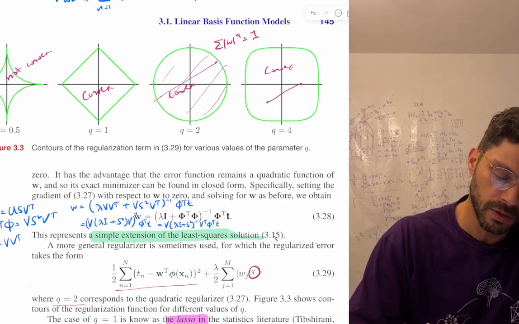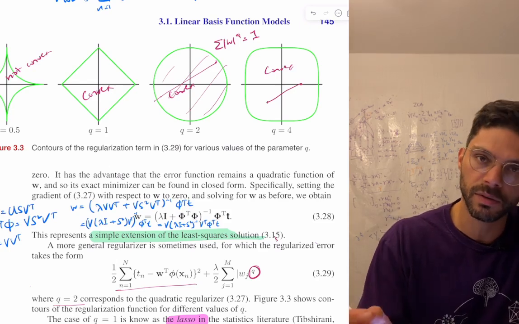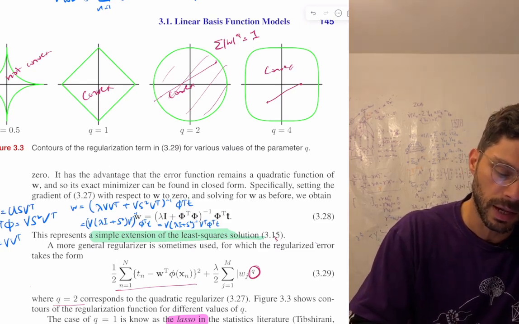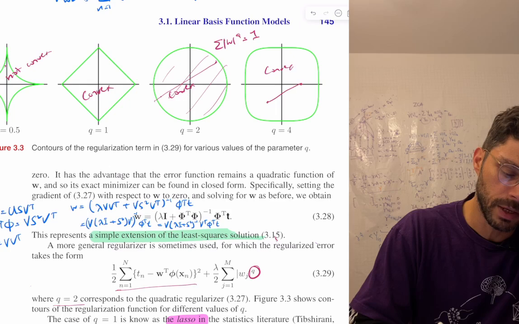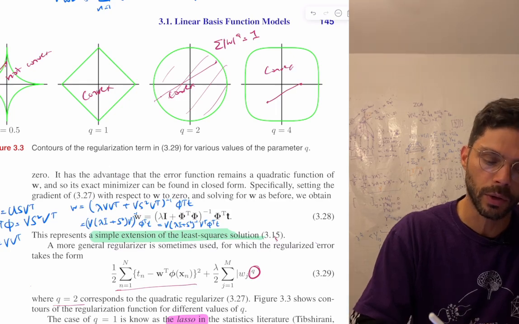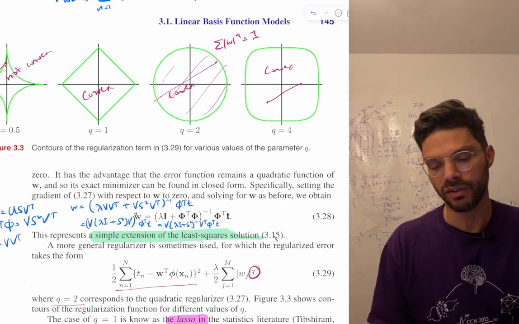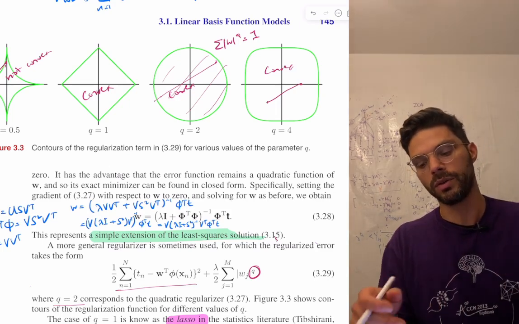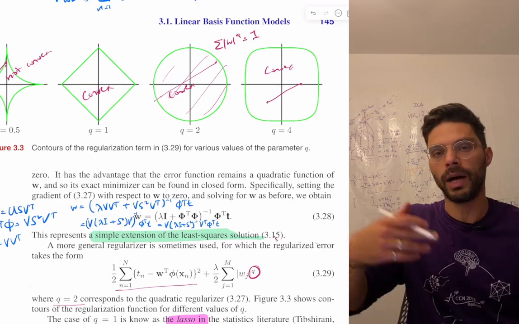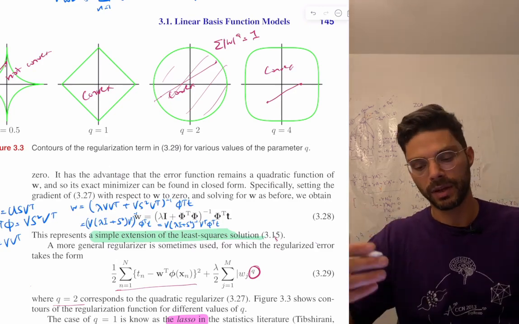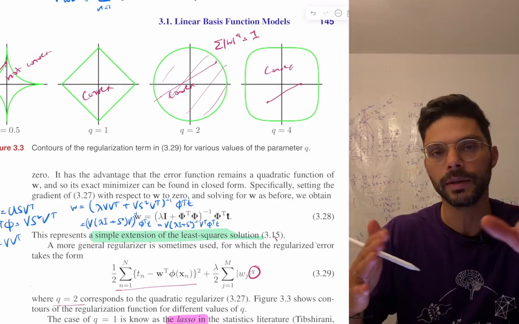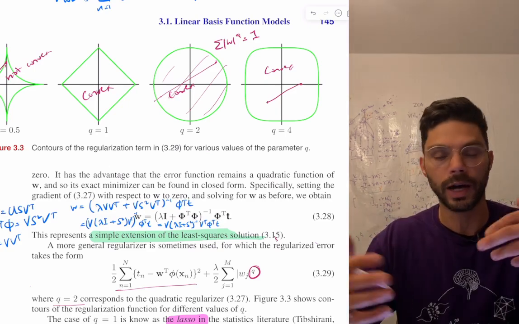But for a function like this, when q becomes less than 1, then it stops being convex. So for example here, I have a point here and a point there, but you can see that I can go across and leave that set. So when things get very pointy, they lose convexity, and then all of a sudden it's possible to have local minima and things like this. And that's not necessarily a bad thing. Often the minima that you find are actually quite good.